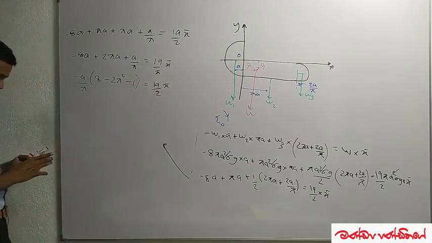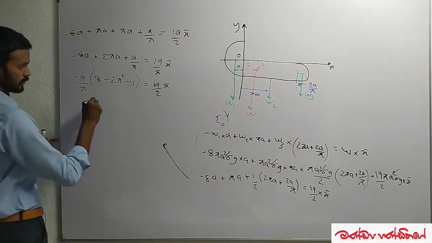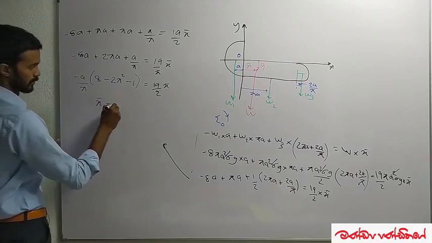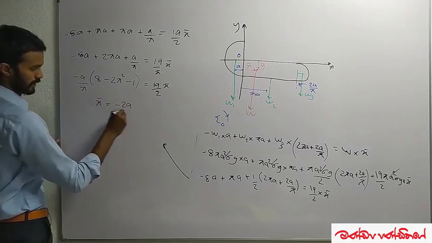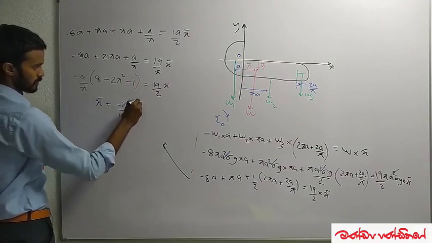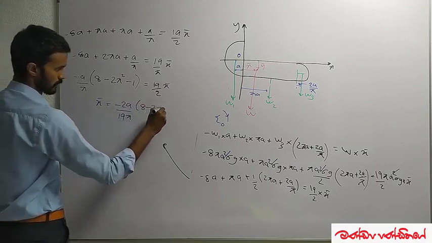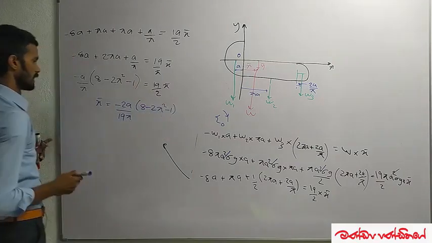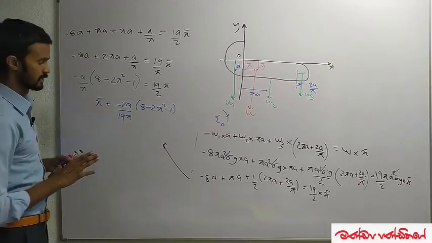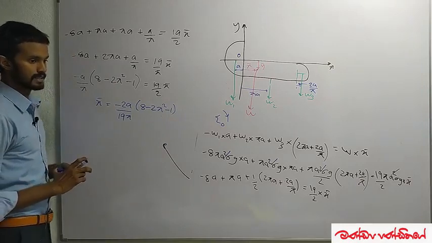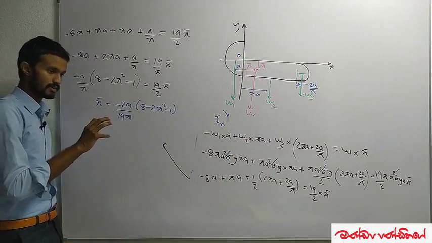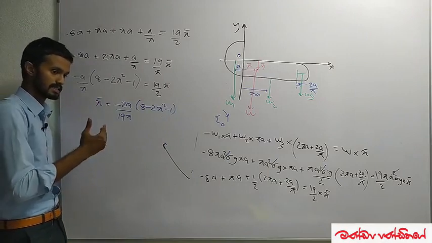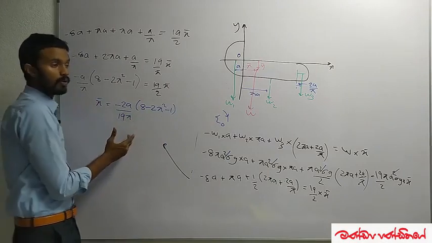So I get the answer as x bar equals, multiply by 2 minus 2a, take by 19 over 19 phi, 8 minus 2 phi squared minus 1. I have got a similar answer to what they are asking, but the thing is I got a minus. They ask, show that the center of mass of the spoon lies at a distance of this below OA.